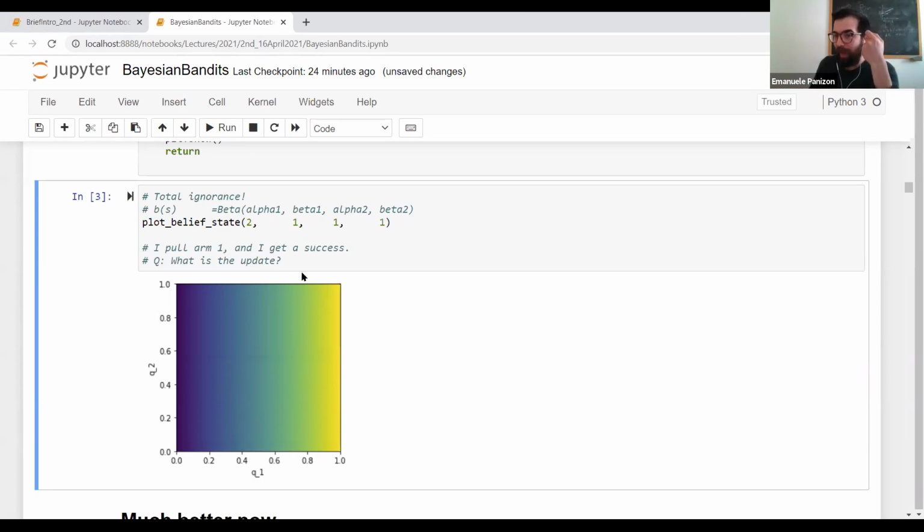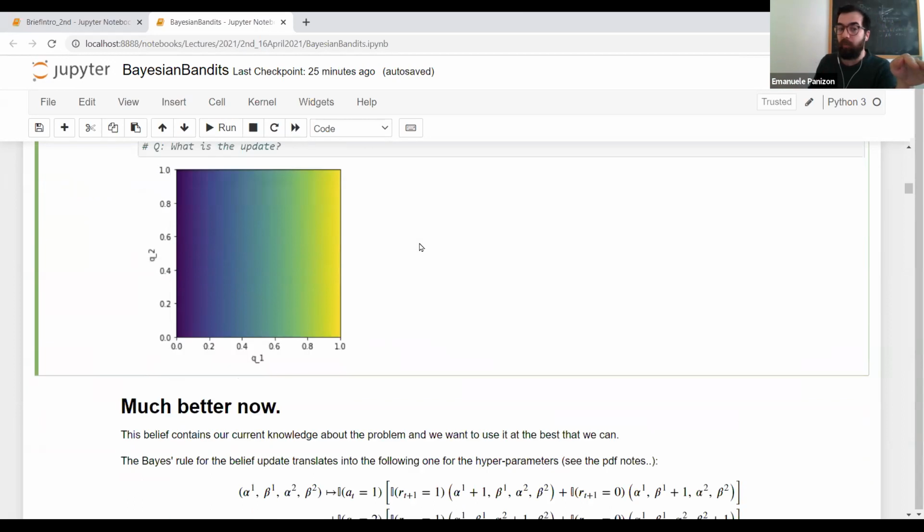What is the incredibly helpful thing of having a conjugate description like this? Here you have to plot a 2D function, while here you have 4 numbers. Given that Bernoulli and beta distribution are conjugate, and our prior was complete flat ignorance, now we have a proper way to translate this belief space, which was a function over 2D, to 4 numbers.